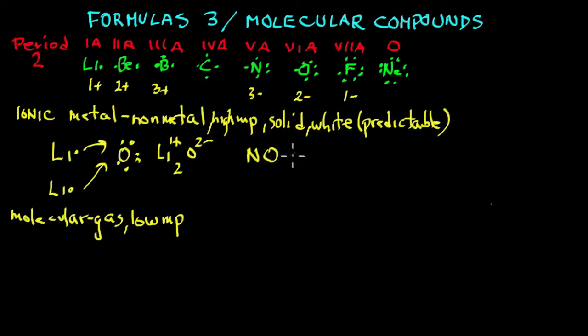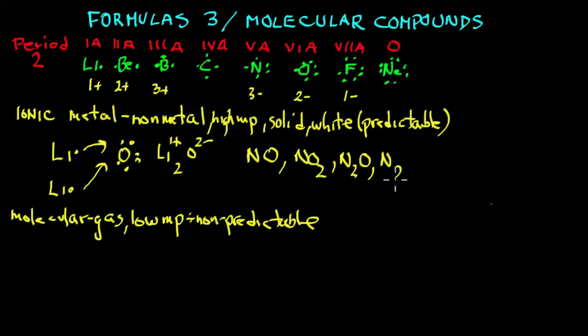And they are absolutely non-predictable, because there's no charges here. So you can have NO, NO2, N2O, N2O4. Those are the ones that I'm most familiar with.